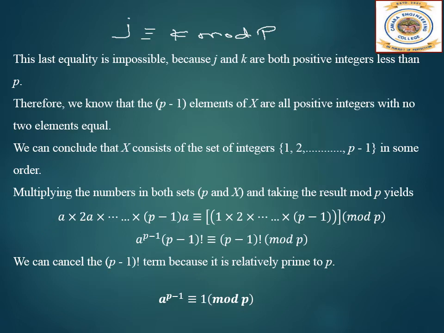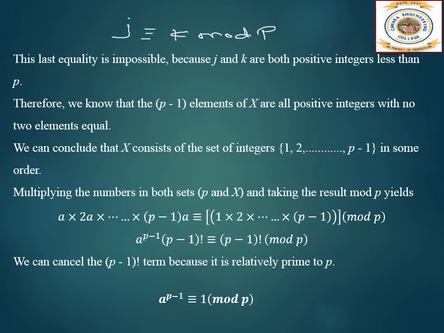Now we can conclude that X consists of the integers 1, 2 up to p minus 1 in some order. Multiplying the numbers in both sets and taking the results mod p yields a × 2a × ... × (p-1)a congruent to 1 × 2 × ... × (p-1) mod p.